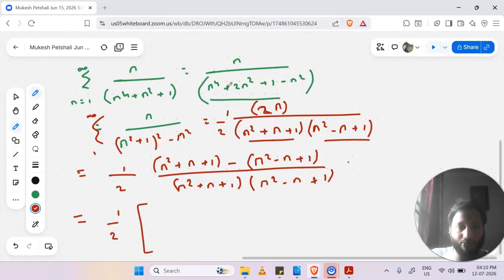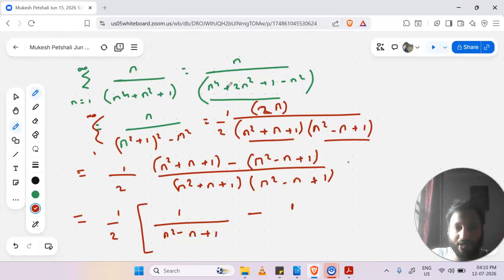But now see what it is getting us: 1 upon, if you write them separately, n^2 plus n plus 1 divided by this entire term, it will give me n^2 minus n plus 1 minus 1 upon n^2 plus n plus 1.